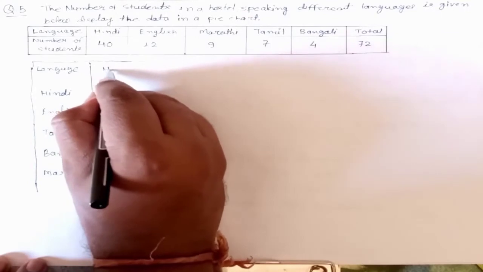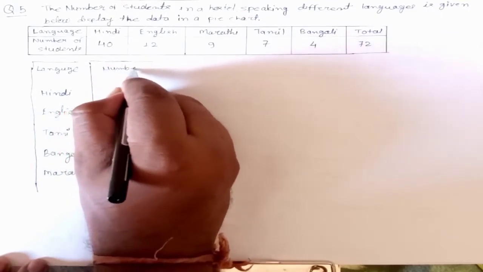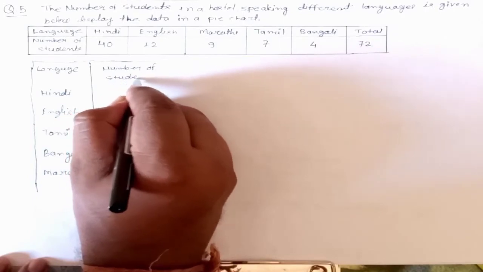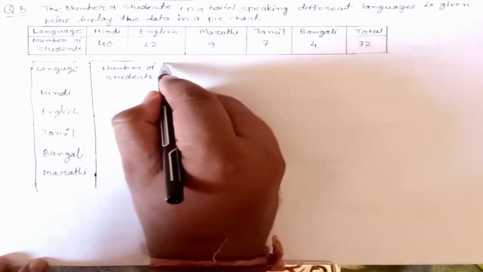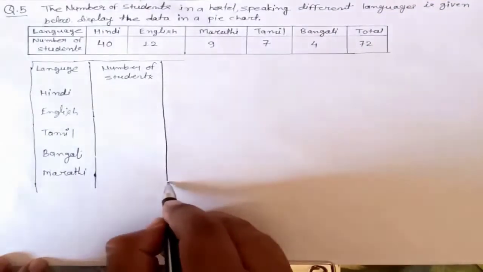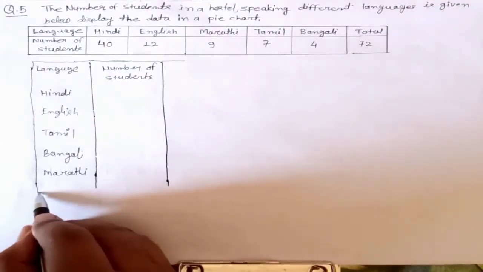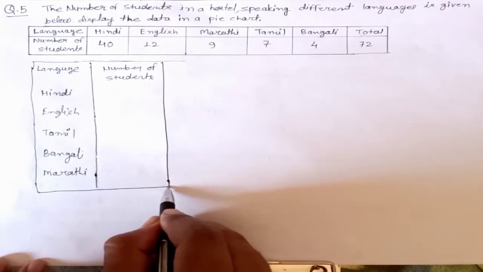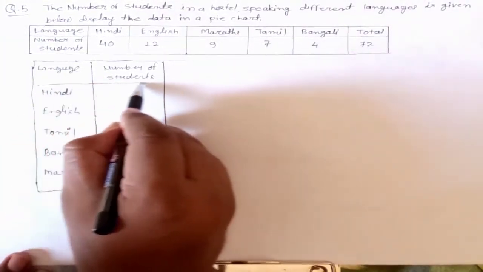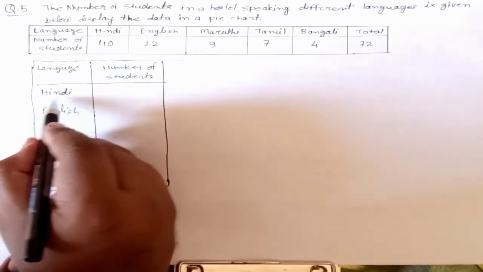So number of students, another column should be added, right? So here you can see the number of students for Hindi.